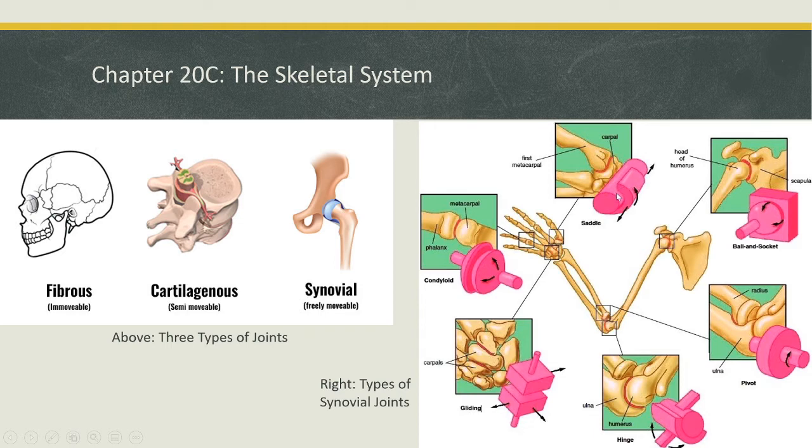That's at the base of your thumb right there. You can move your thumb back and forth and hinge it. And then condyloid joints allow just a little bit more freedom of movement than strictly something like a pivot or a hinge.